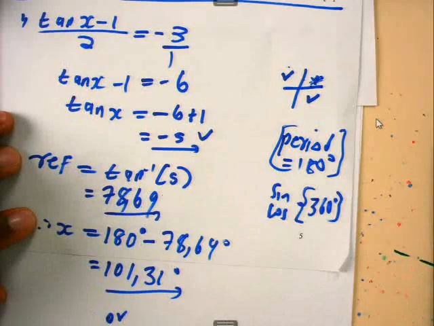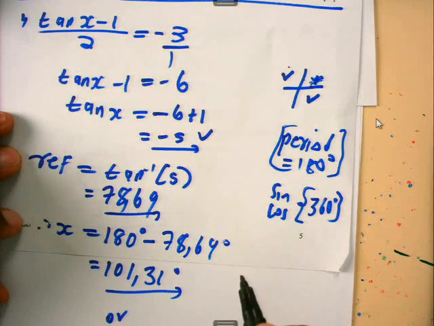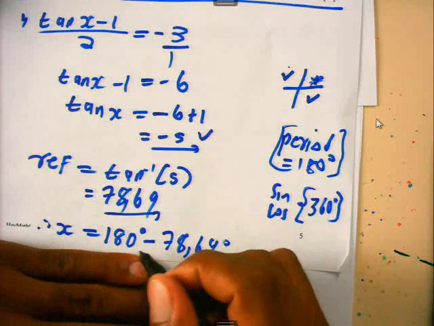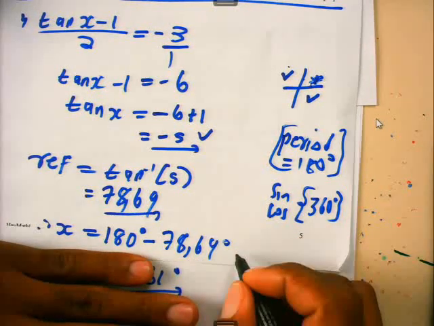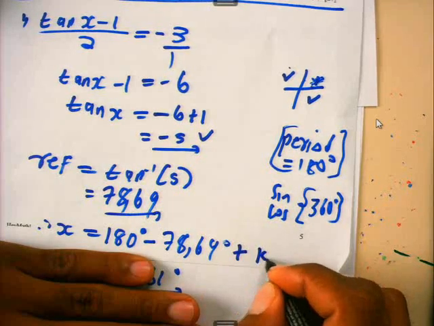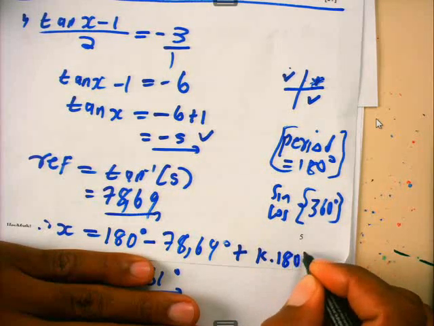Once you have solved the equation, when you determine the general solutions, in this part where we have 180 degrees minus 78.69, you add the period of the tangent, which is k times 180 degrees.